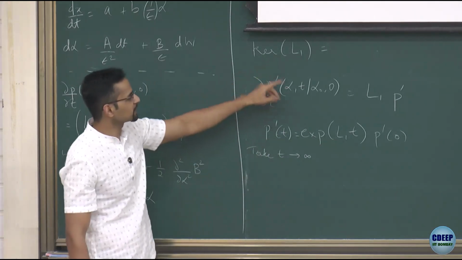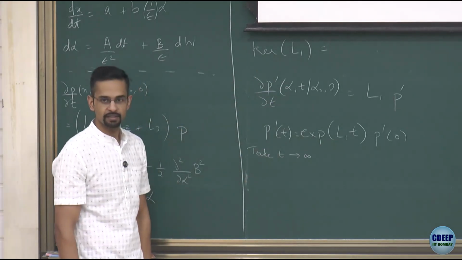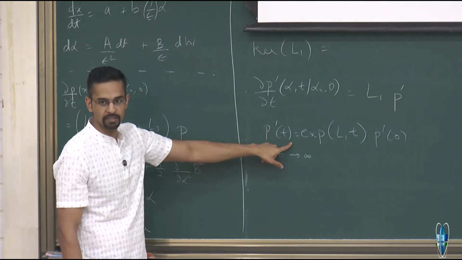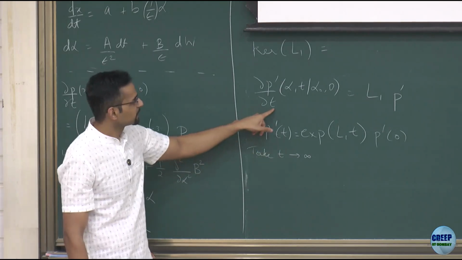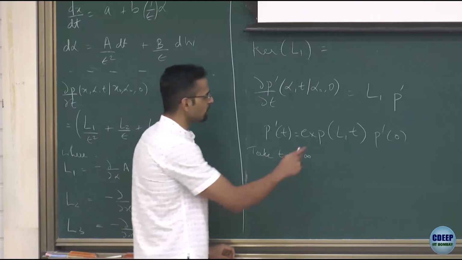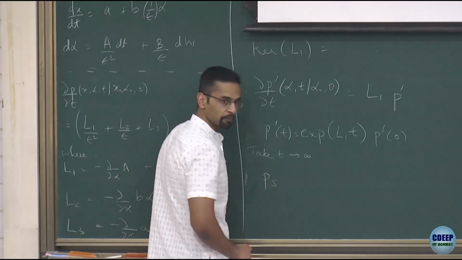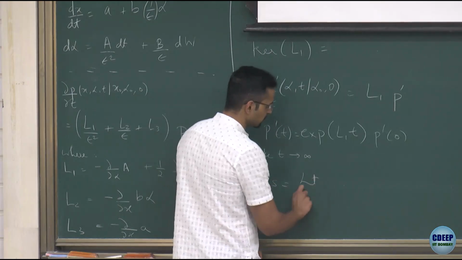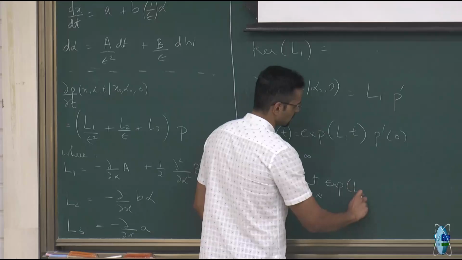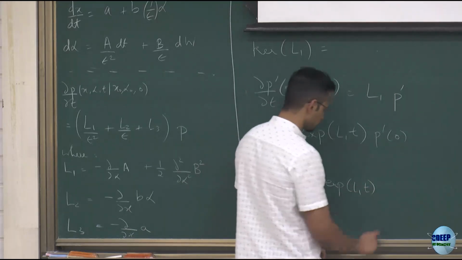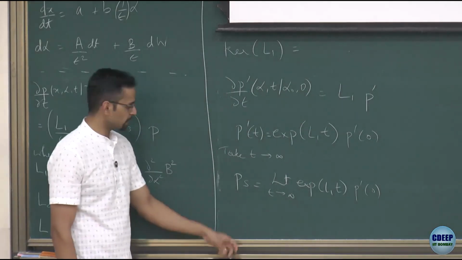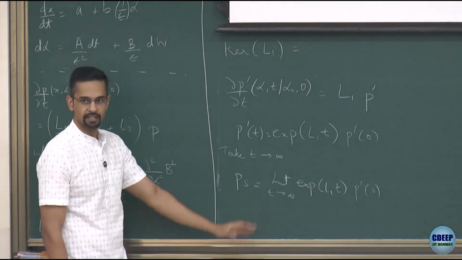So as far as the kernel is concerned, it means there is some function, which is the stationary distribution of this Fokker-Planck equation, such that L1 PS is 0, because as t tends to infinity, PS is basically the limit of t going to infinity of this guy acting on it. So I can find this PS by taking any initial condition and taking it to infinity.